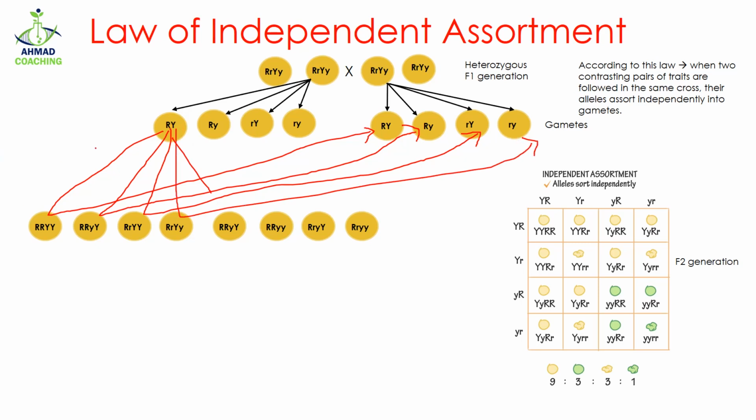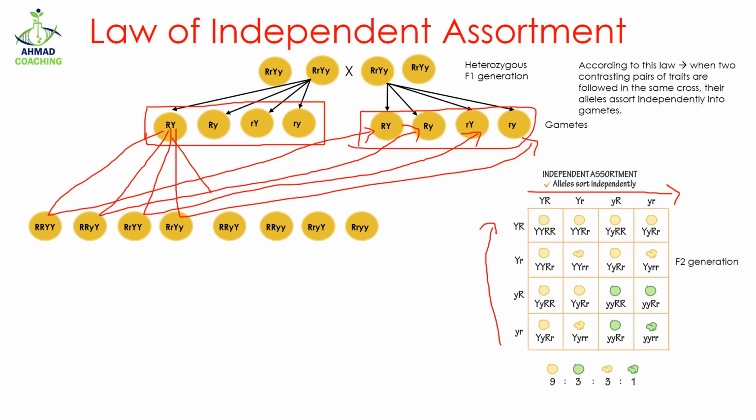But as you can see, this is like a jungle here, and it is going to be very difficult to understand what is actually happening. So to make it easy, we are going to use the Punnett square. In the Punnett square, on one side, or you can say on the x-axis, we are going to write down the gametes of one parent, and on the y-axis we are going to write down the gametes of the other parent.